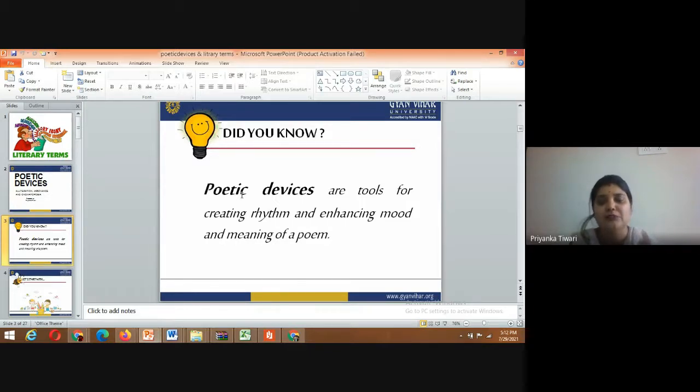Did you know poetry devices? Poetry devices are tools for creating rhythm and enhancing the mood and meaning of a poem.